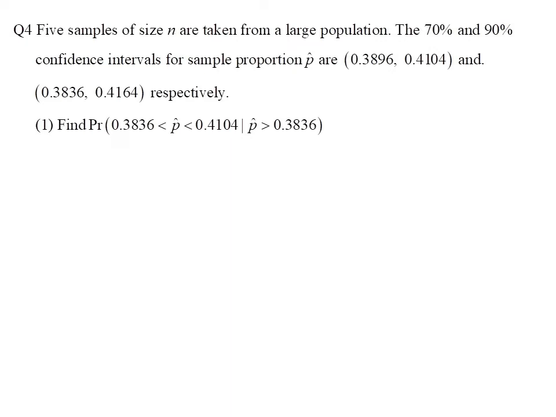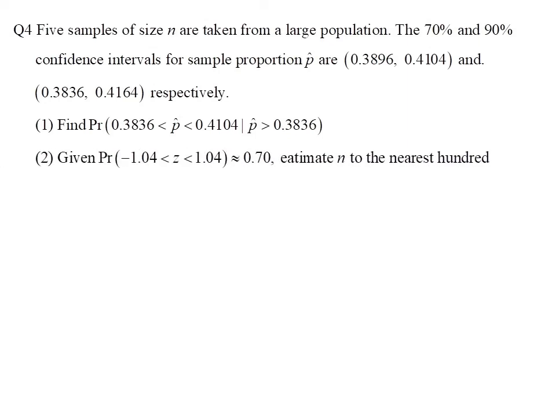The first question is to find the conditional probability of the sample proportion being between 0.3836 and 0.4164, given that the sample proportion is greater than 0.3836. The second question is to calculate the approximate sample size, given that the probability is 0.7, when the standardized value range is from negative 1.04 to 1.04.